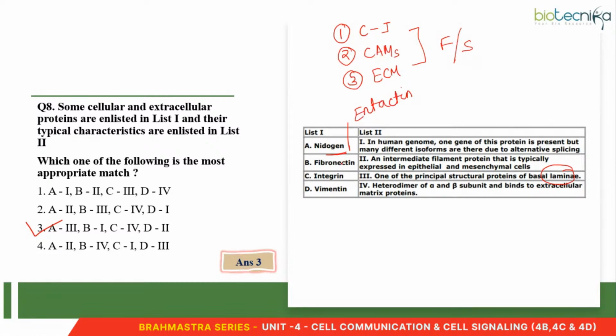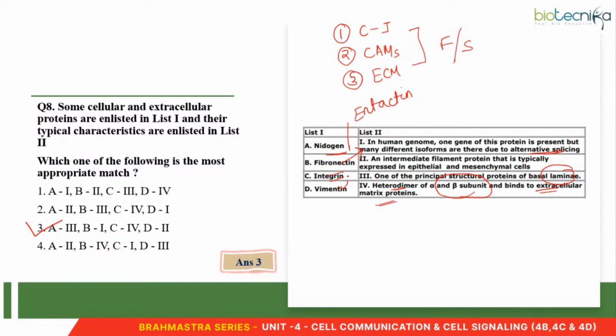Fibronectin, yes, can produce different proteins by means of alternative splicing. Integrins are heterodimers, because they are a combination of alpha and beta subunits. And earlier itself I said it serves as a receptor, so obviously the ligands will be your ECM proteins.